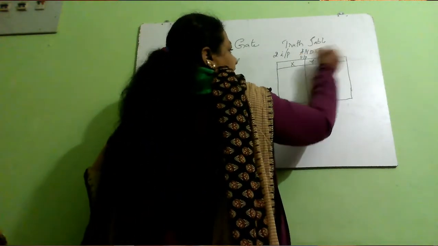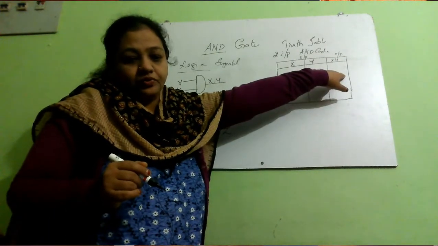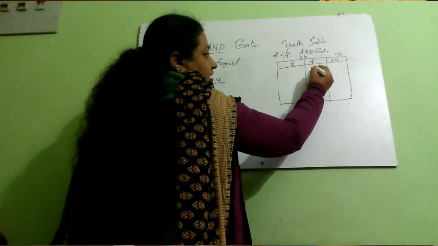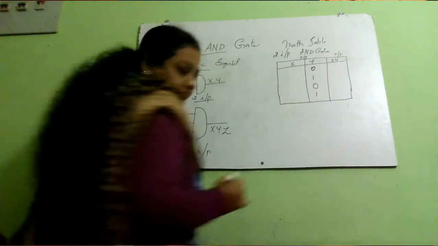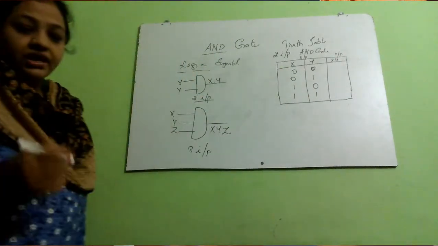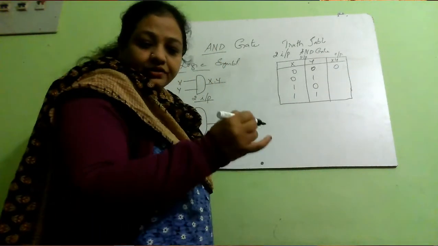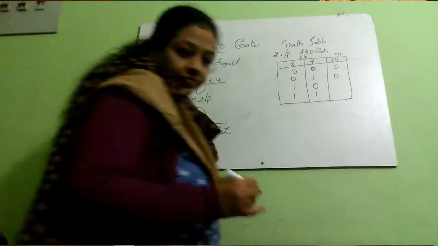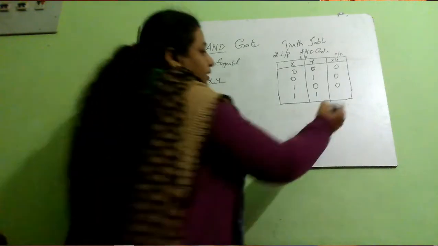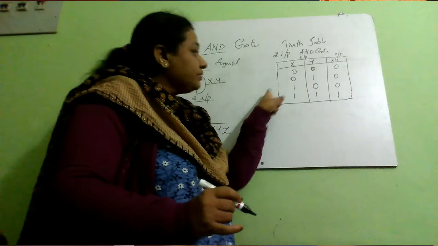So let me write the truth table for the two input AND gate. The truth table for the two input AND gate is as shown below. We have two inputs and only one output. As there are two inputs, each input can be 0 or 1, as x and y are logic variables.